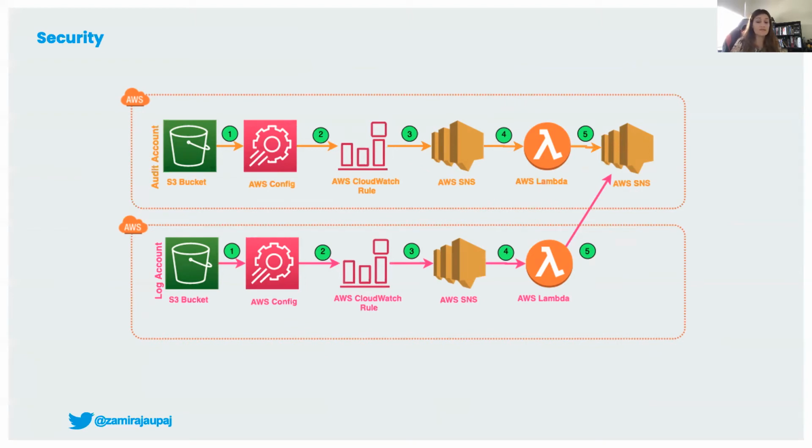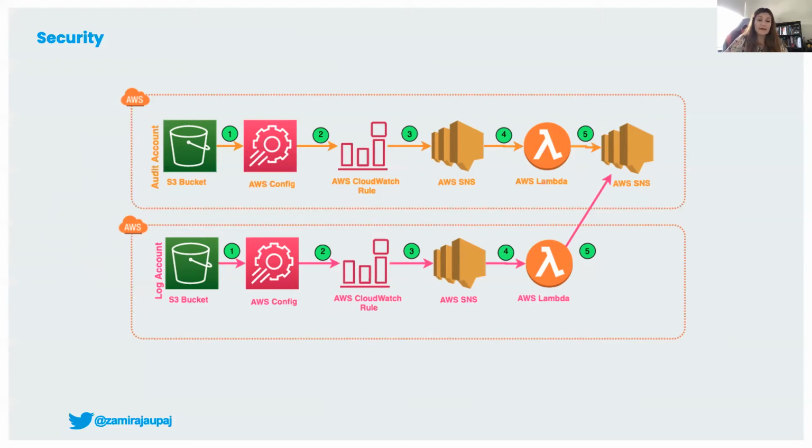Let's see how these services work together in this solution provided by AWS Control Tower. In the following workflow, I want to show you what happens when an S3 bucket becomes non-compliant and you get the notification automatically in the security account through the SNS topic. So let's see the workflow step by step.